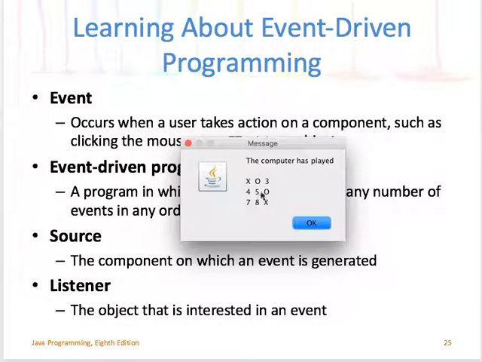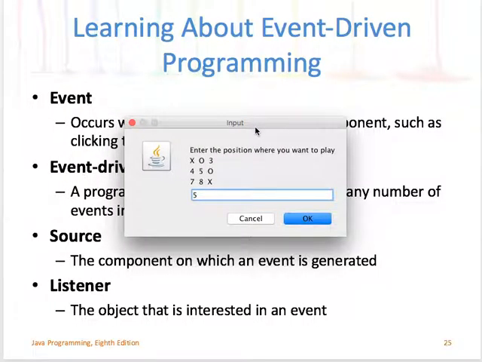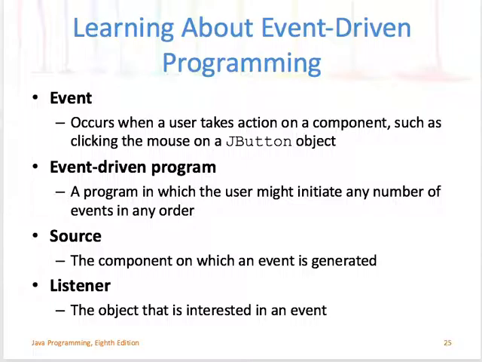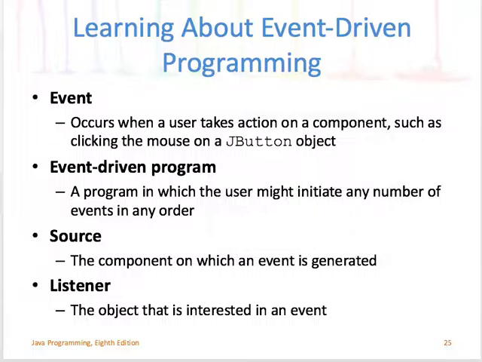Computer has played. They put an O there. Perfect. All I need to do is make a 5 there, and I got this game. So now I enter a 5 in my event-driven program. I'm like, I got this. Guess what? Game over. Congratulations. I won that game. Those are event-driven programs.